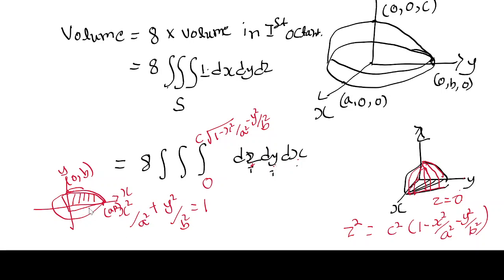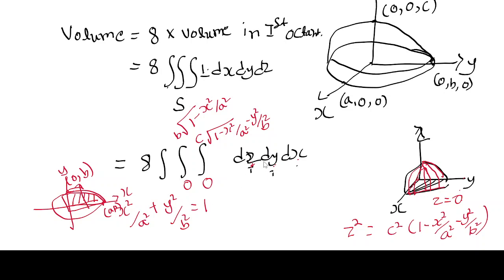In this 2 dimension, y again varies vertically. So the lower limit is 0 and the upper limit is this ellipse, that is b into under root 1 minus x square by a square.